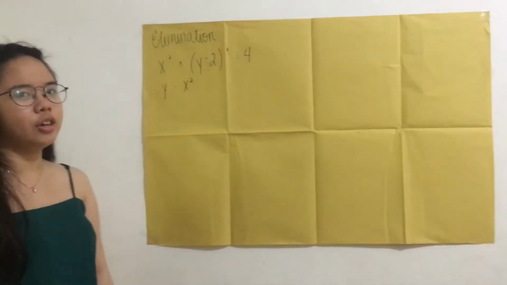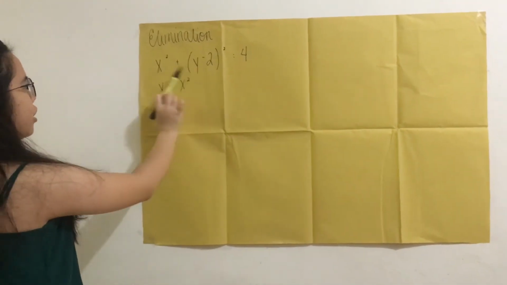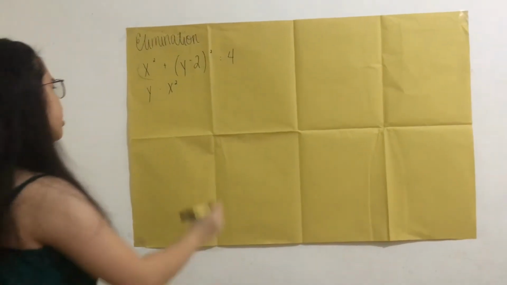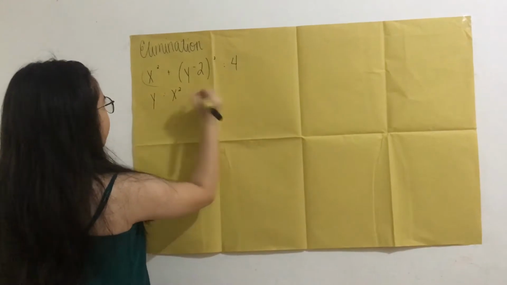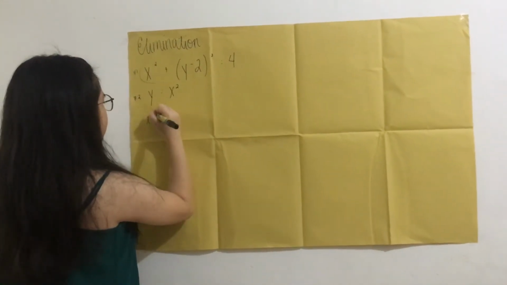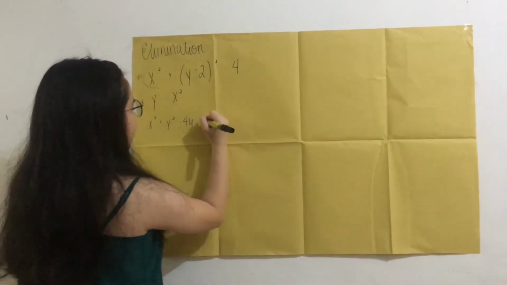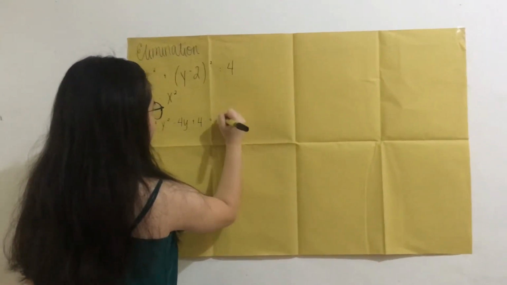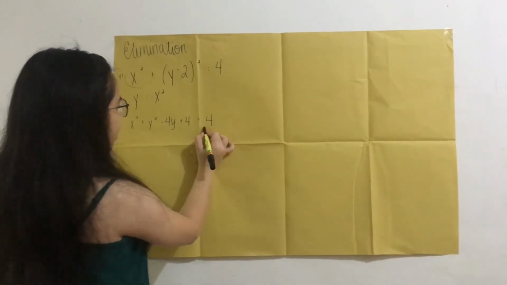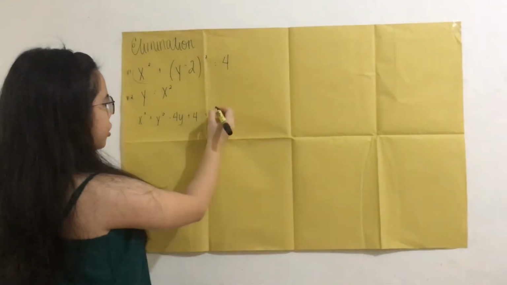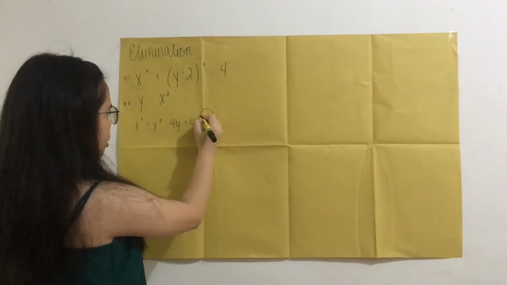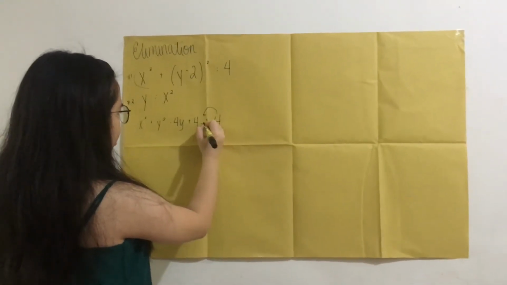The first thing we are going to do is to expand this equation. So equation number 1 will become x squared plus y squared minus 4y plus 4 equals 4. The 4 on the right side of the equation should be transposed here, so it will become negative 4.